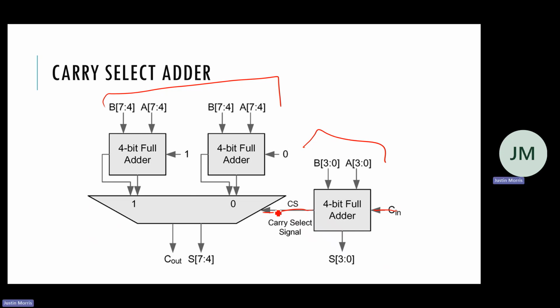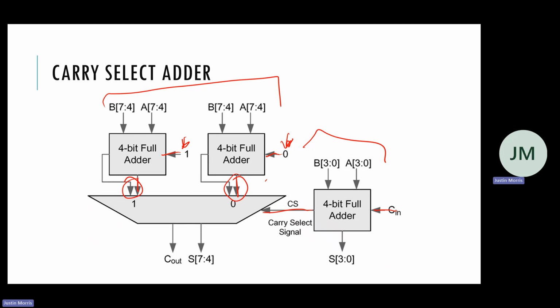But rather than connecting that carry out into another full adder and doing ripple carry, what this circuit is doing is I'm not going to wait to figure out what the carry out of the first 4 bits are. I'm going to do the addition if there's a carry and if there's not. So this one is not a carry. This one, if there is a carry. And I have the result for if there is not a carry here, and if there is a carry here.